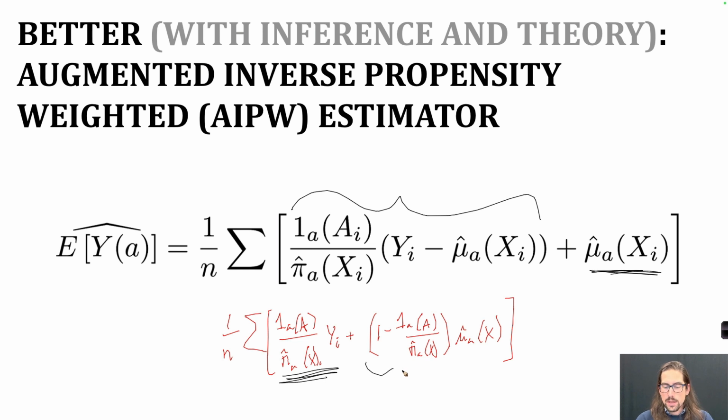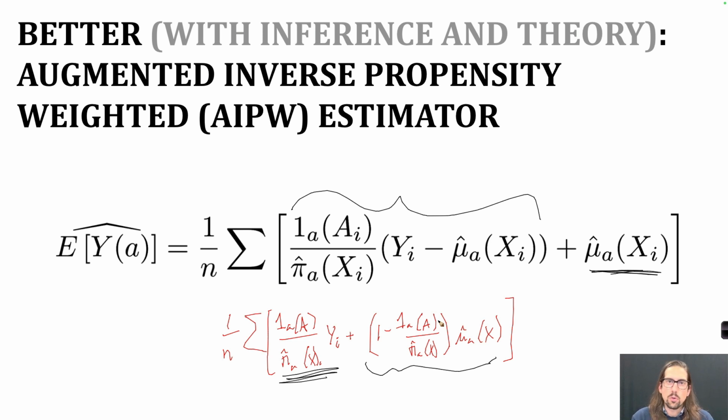But then I've augmented it with the regression estimator, with a residual-like term for the propensity score. So this estimator is a combination of the two. You can see it either as an augmentation of the regression estimator or as an augmentation of the propensity score weighting estimator. It's the same estimator either way.